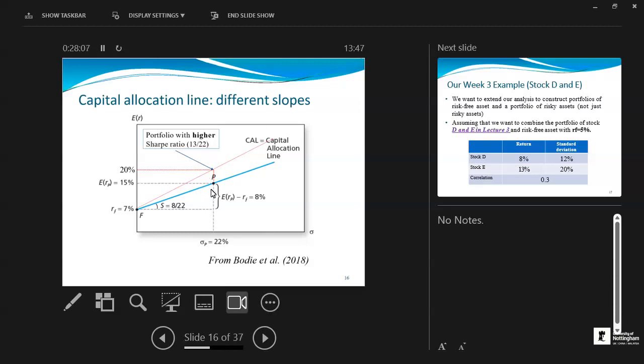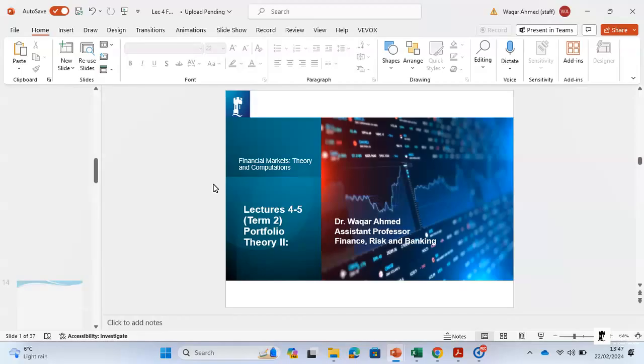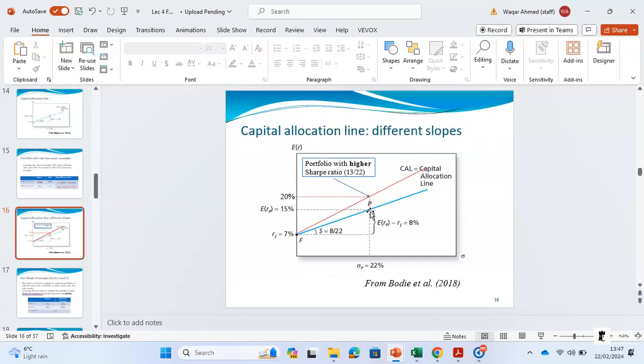This point here, or would you prefer this point? If you look at this, for the same risk, the return is higher here. So you would want this Sharpe ratio to be as high as possible because for the given level of risk, it gives the higher return.